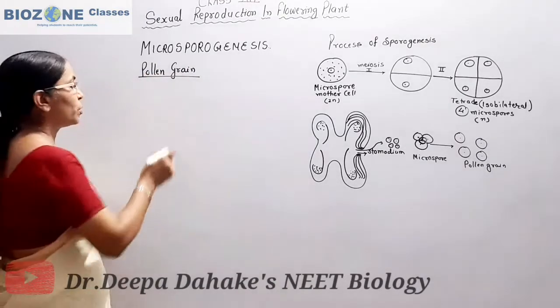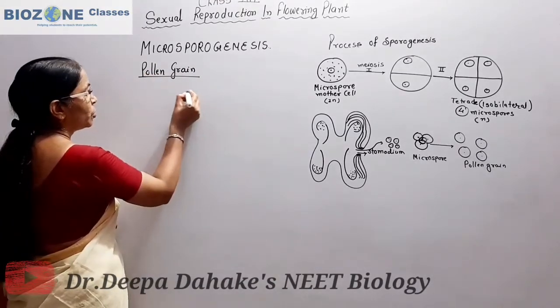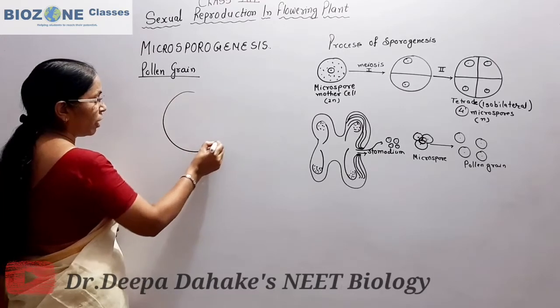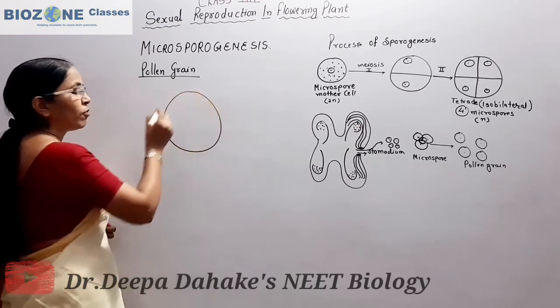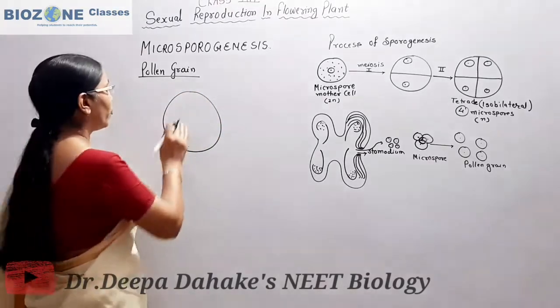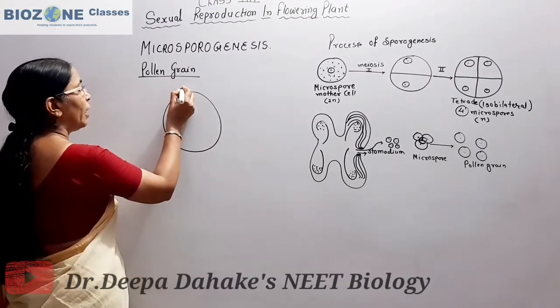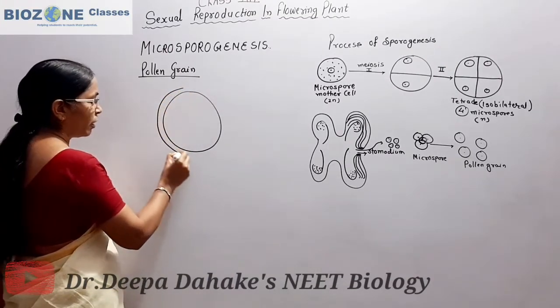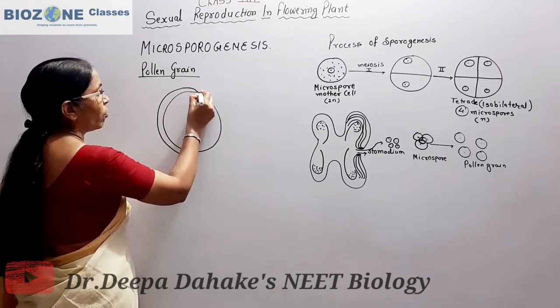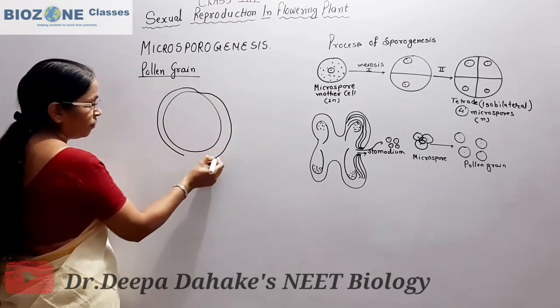When we study the structure of the pollen grain, remember that the pollen grain shows the first stage of male gametophyte development, and in the pollen grain two protective walls are there.